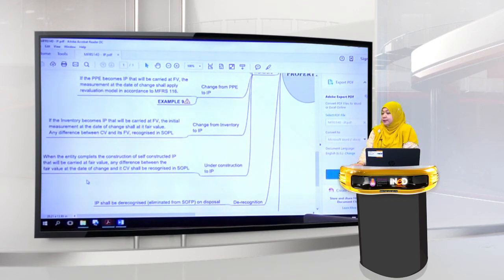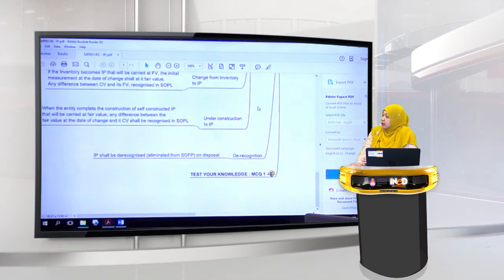If, for example, the property is under construction, which we are going to change the status to investment property, the treatment would be when the entity completes the construction of the self-constructed investment property that will be carried at fair value, then any difference between the fair value at the date of change and the carrying value shall be recognized in the statement of profit and loss.